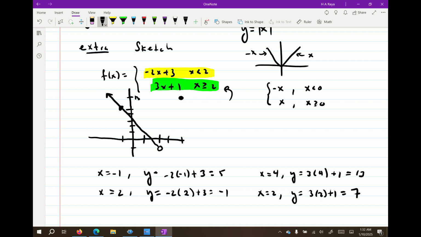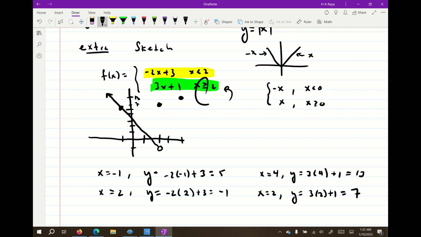So when your x gets close to, or when your x is equal to 2, you have 7. So 1, 2, 3, 4, 5, 6, 7. So 7 would be somewhere around here. And in this case, you are going to include that point because the green function does allow you to plug in 2 for those x's.